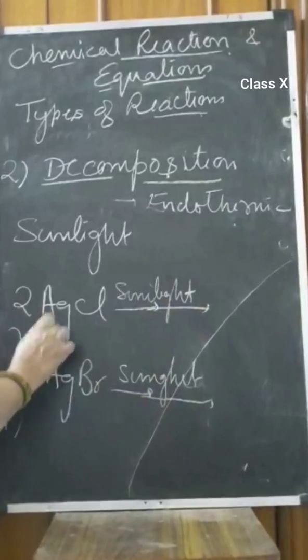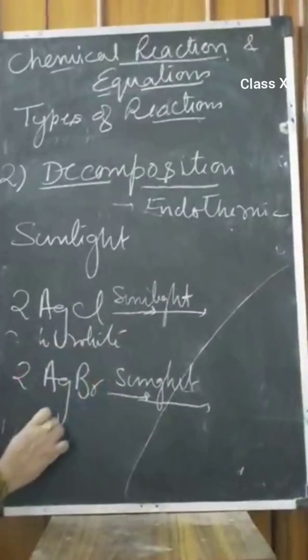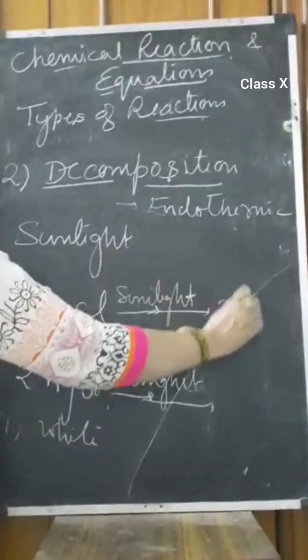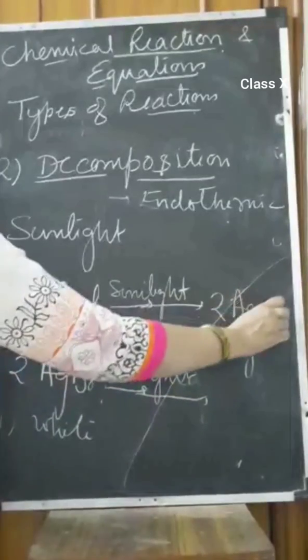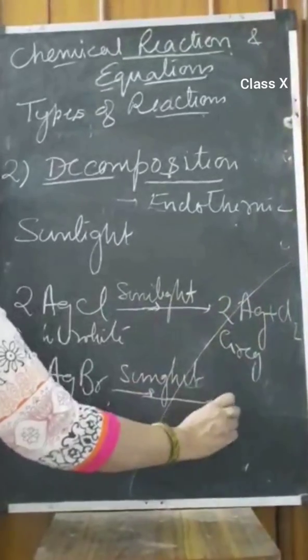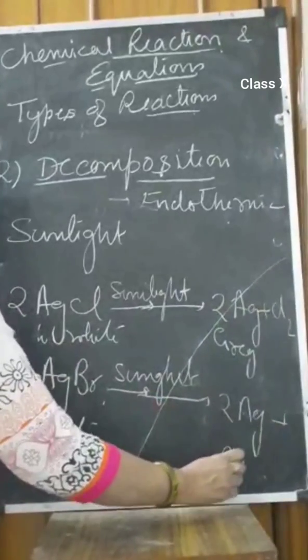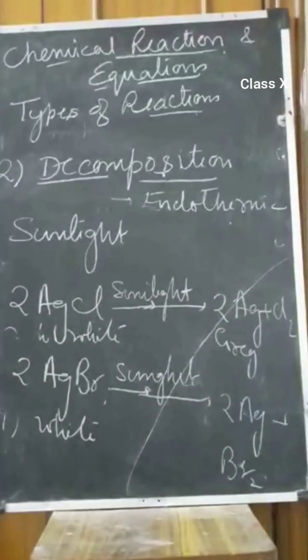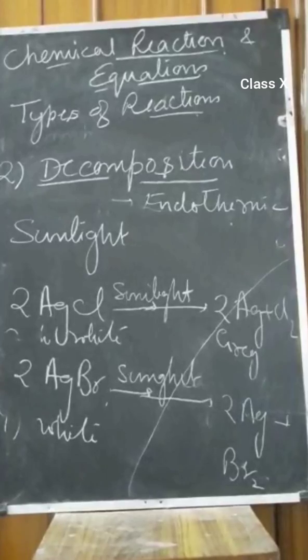Both of them are white in color. In sunlight, silver is formed, which is grey in color, and the chlorine molecule; and silver again, which is grey in color, and the bromine molecule will form. So these are examples of decomposition reactions, which are also called endothermic reactions.